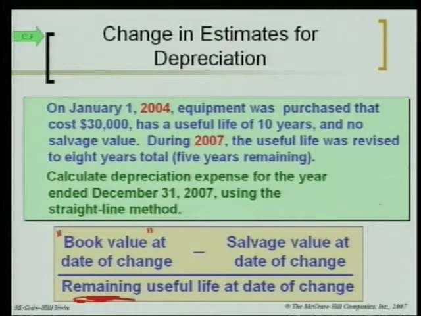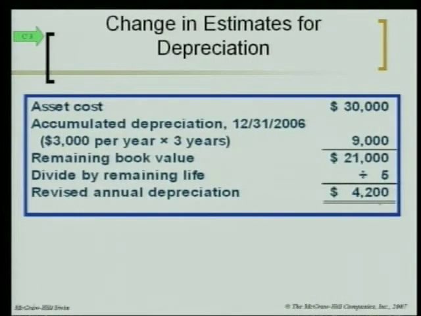So what is our book value at the beginning of 07? It would be the cost of 30,000 minus whatever we depreciated so far. And in this case, that would be 9,000, and the book value would thus be what? 21,000. Okay?